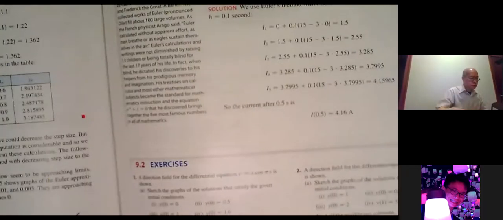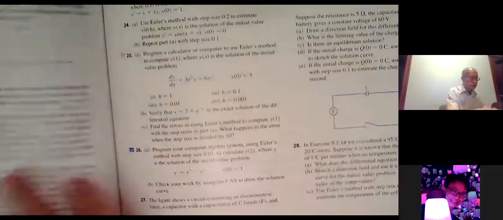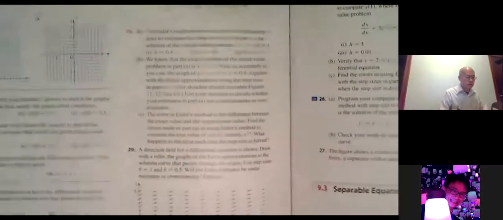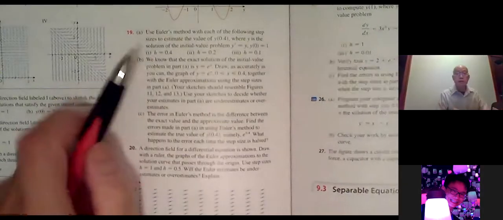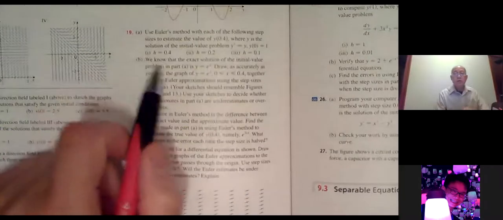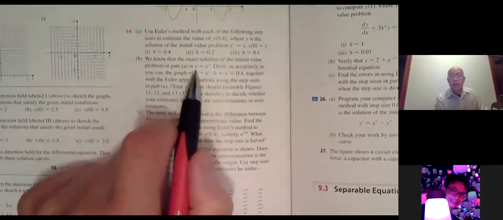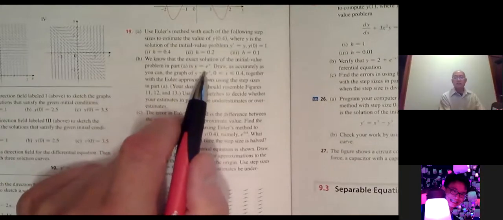Okay, now what about part B? We know that the exact solution of this initial value problem is y equals e to the x.